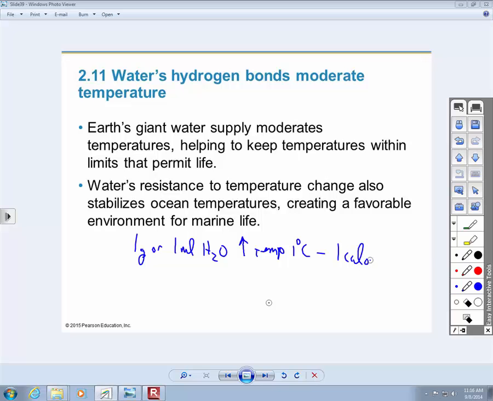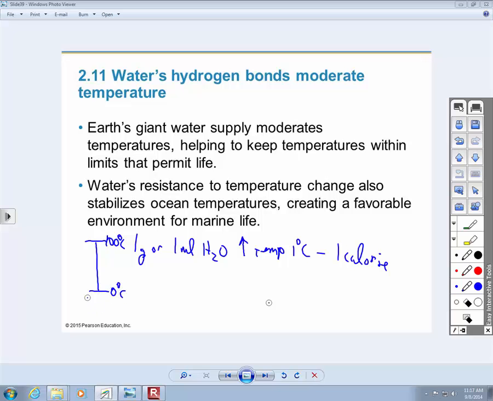That's how much heat would actually be required to change that temperature. But that's if we're somewhere between 100 degrees Celsius, which is the boiling point of water, and 0 degrees Celsius.